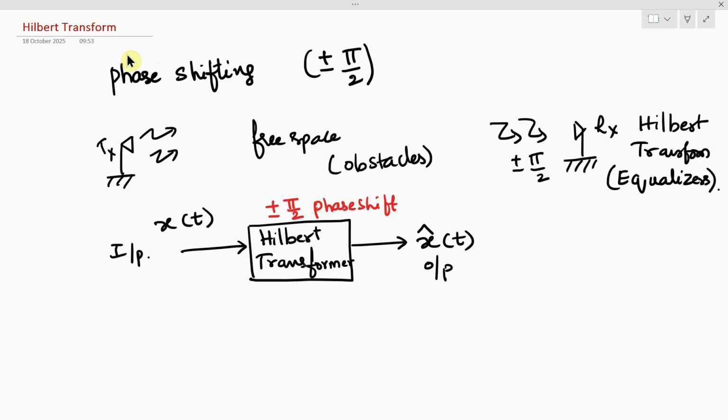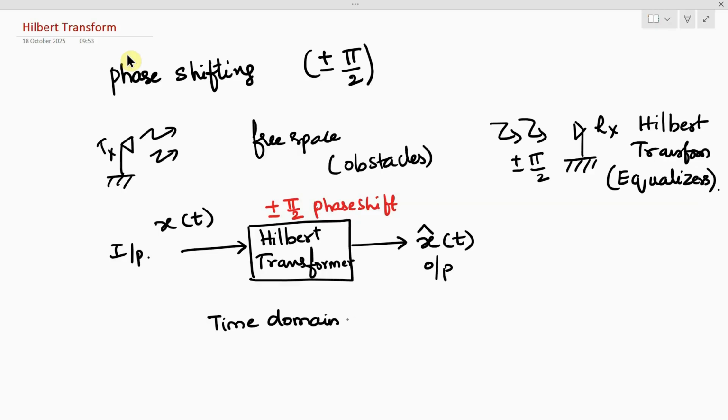Now I have a question. Will we be able to understand this phase shift easily in the time domain or frequency domain? Frequency domain. Generally, we talk about the word phase only in the frequency domain, not in the time domain.